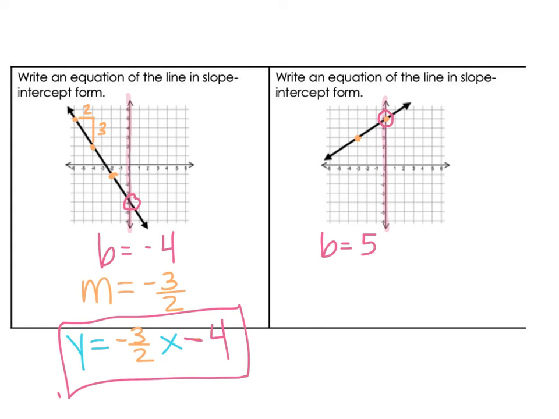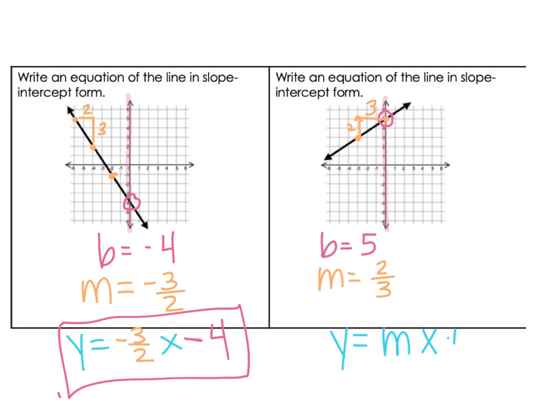So I'm going to count my rise over run, which is up 1, 2, and I run 1, 2, 3. So that means my slope is positive 2/3.